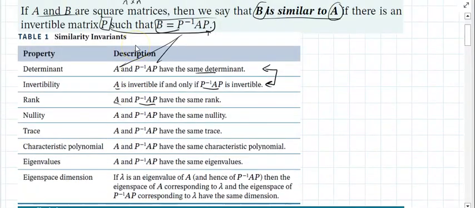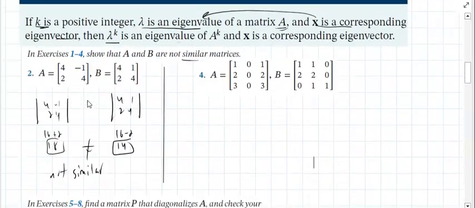The second case, it says determinant. If A is invertible, hard to find. Rank, okay. Those two must have the same rank. So what's the rank of A?